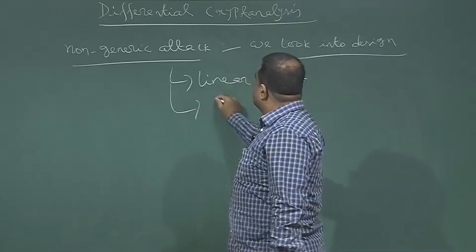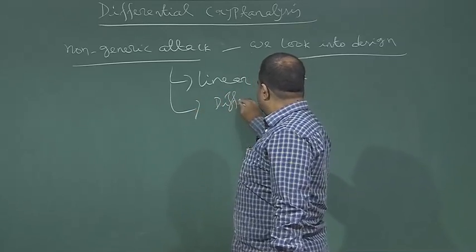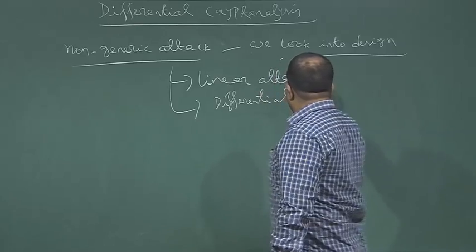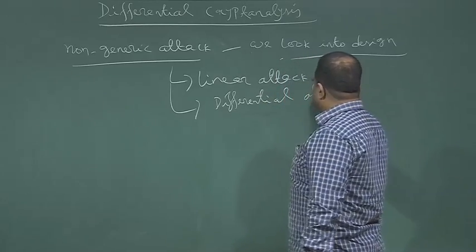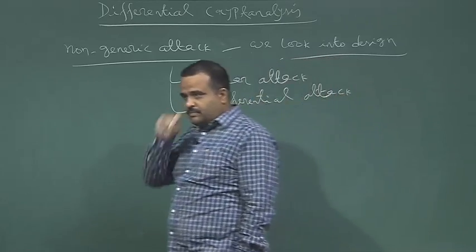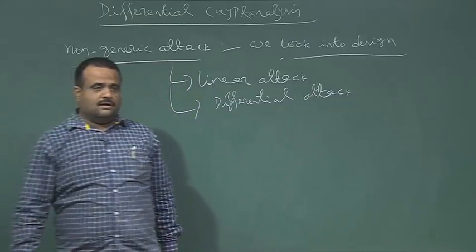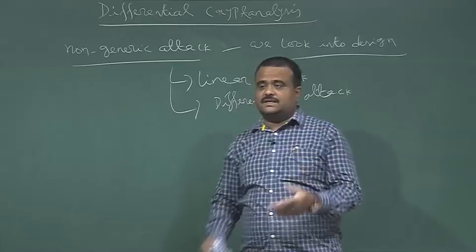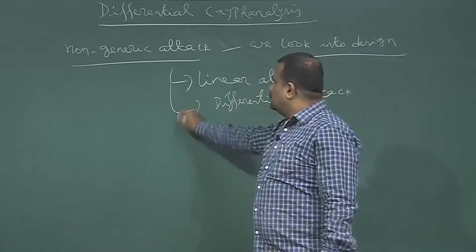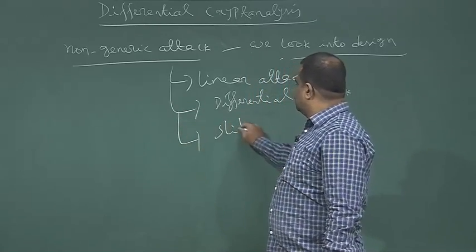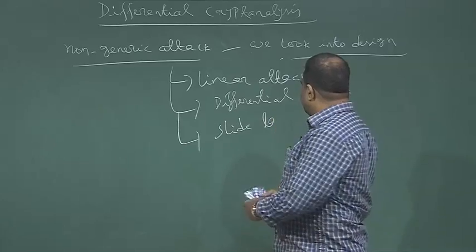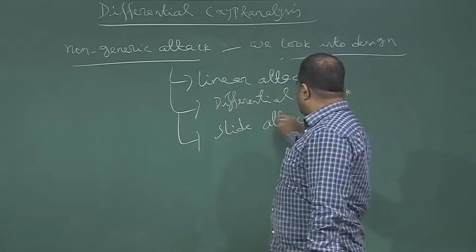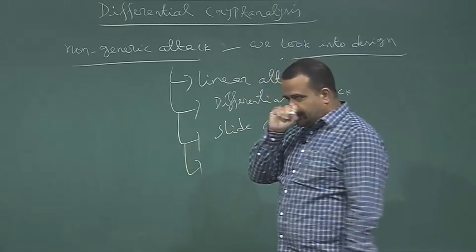We will talk about those, differential cryptanalysis, and some versions of the differential attack like boomerang attack, impossible differential attack, truncated differential attack, and also the slide attack. So, these are basically attacks on block cipher, but this can be extended to the stream cipher also.